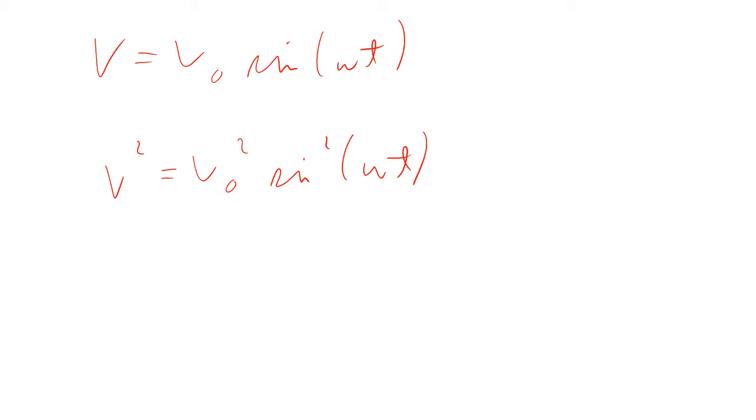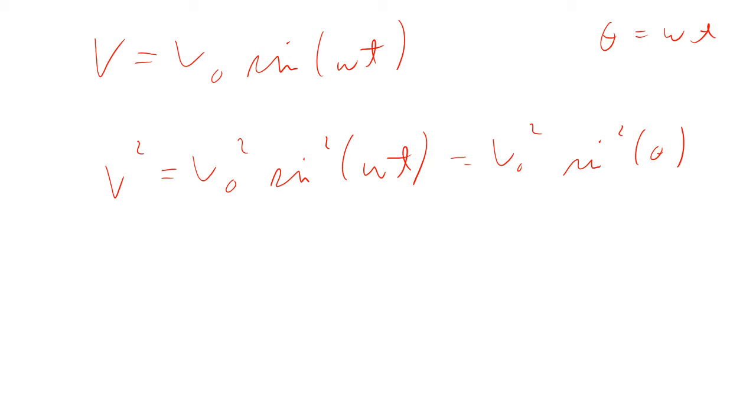And so we can go one step further and say V naught squared sine squared theta, where theta equals omega t. We want to do an average of that, an average over time. So the average over time would be like the average over one period.